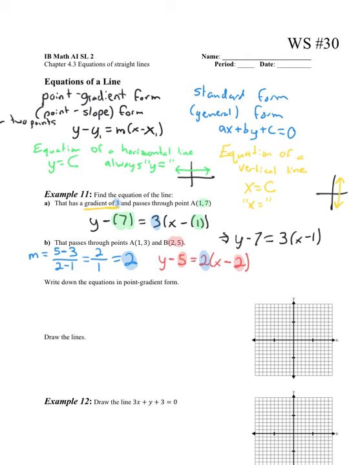That's going to be a lot faster than writing an equation in slope intercept form, because all I have to do to write these down is just pick a point.